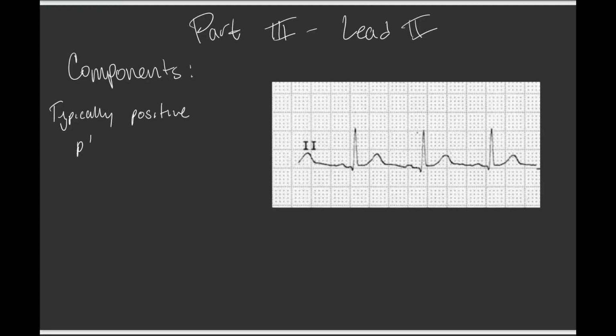So we have that positive P wave. The QRS complex is positive. You may have some small Q waves. Typically you won't have an S wave. And you'll have a positive T wave.